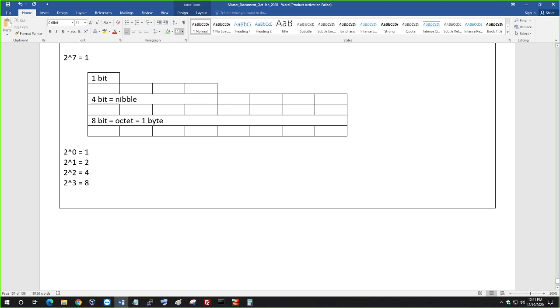So this is 2 to the power of 2. Okay, this is where it is. And 2 to the power of 3 is 8. Okay, everybody good so far, right? And this is what it is.